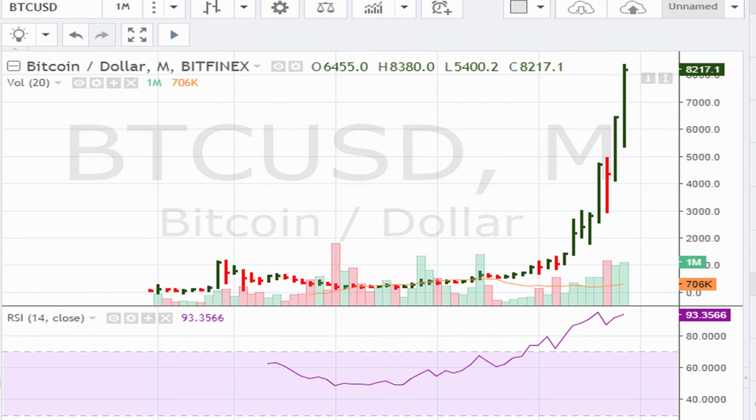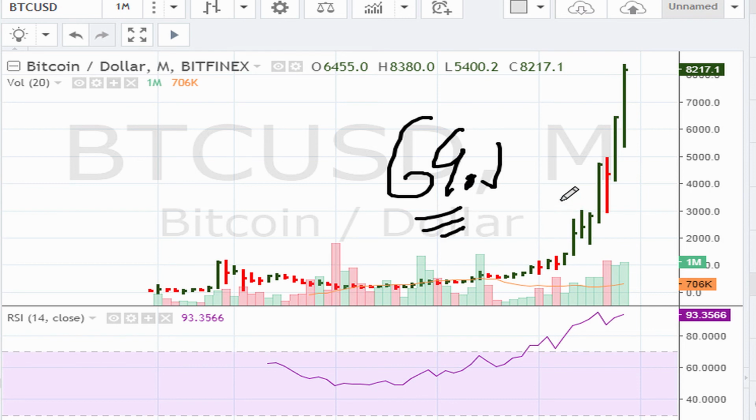So let's take a look at Bitcoin. One thing to remember is, as long as Bitcoin continues to hold above 69.1 on the monthly, you have to be very careful, because pullbacks are going to be shallow and not as long-lived.